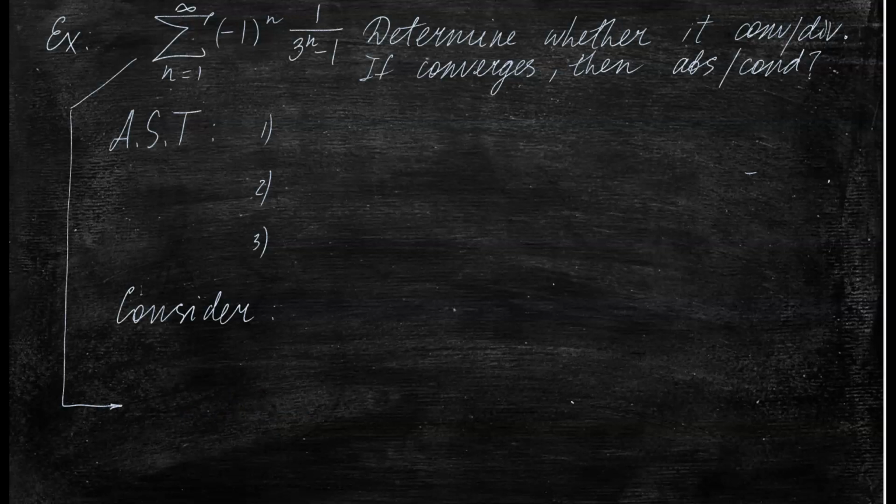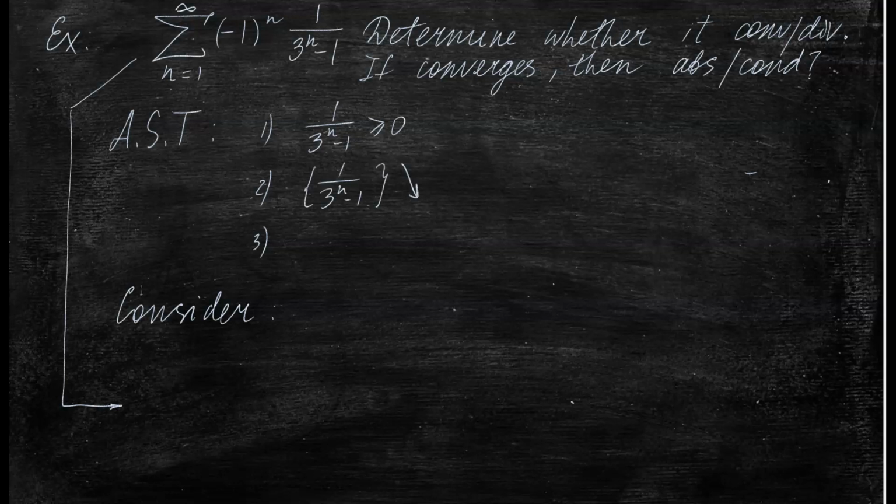We recognize this as an alternating series, so we're going to set up the alternating series test, and we're going to verify that this series is positive. That should be easy to verify. We're going to verify that this sequence is decreasing.